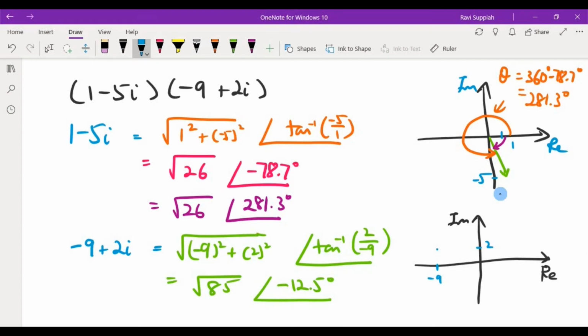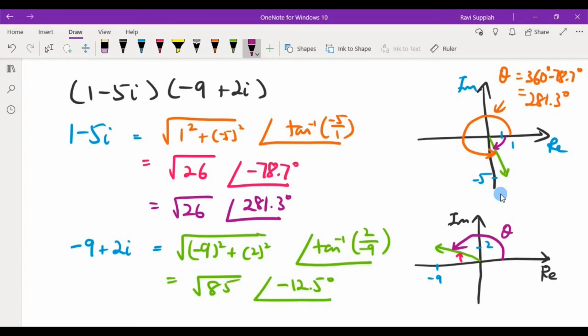So this is the point, and the complex number lies in this quadrant 2. This negative theta in this case is referring to this angle over here, which is your negative 12.5 degrees. So the actual theta that we want is this theta here.